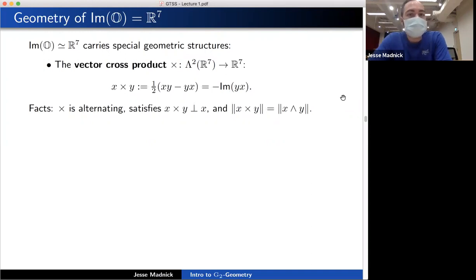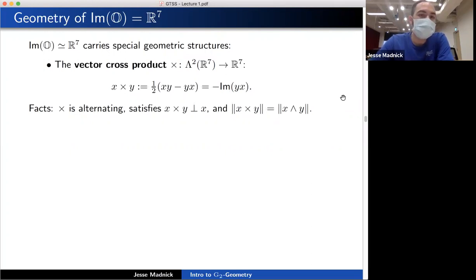For one thing, it carries a vector cross product, the so-called 7-dimensional vector cross product. This is very much like the familiar vector cross product in R3, which itself arises from the imaginary quaternions. Just as the ordinary cross product in R3 comes from the imaginary quaternions, the 7-dimensional cross product arises from the imaginary Octonions.